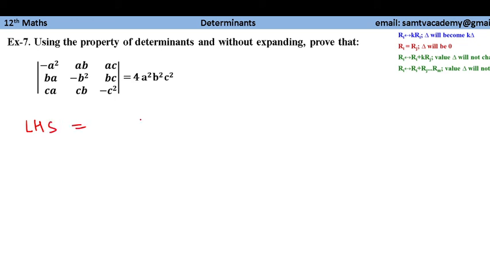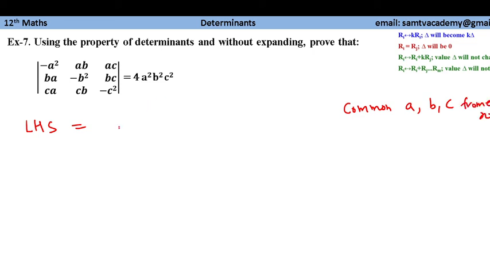First step, we will take A, B, C common from each row. So here we write common A, B, C from each row.